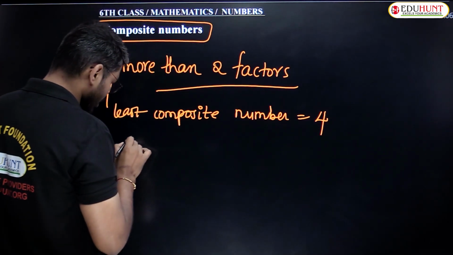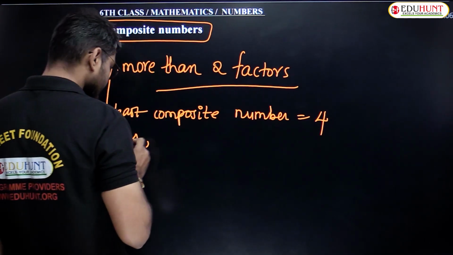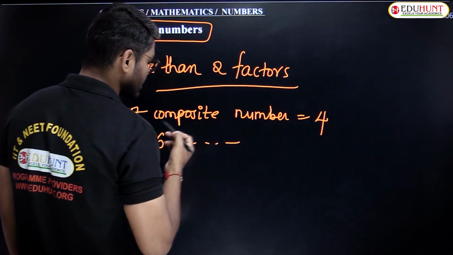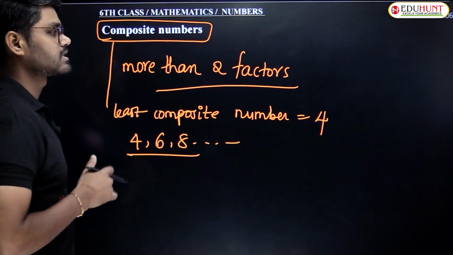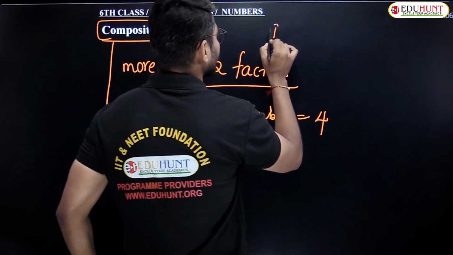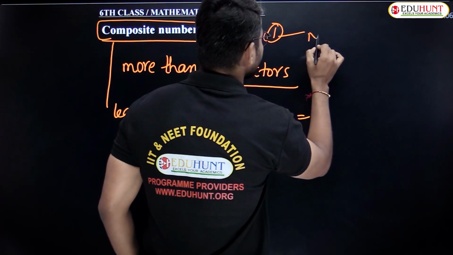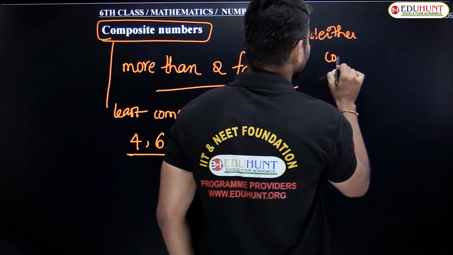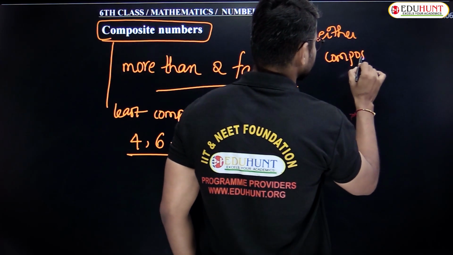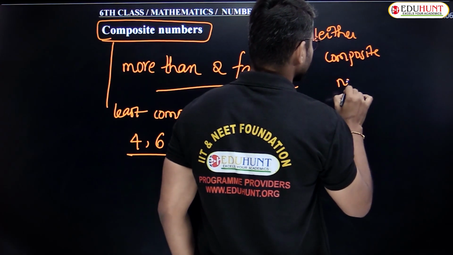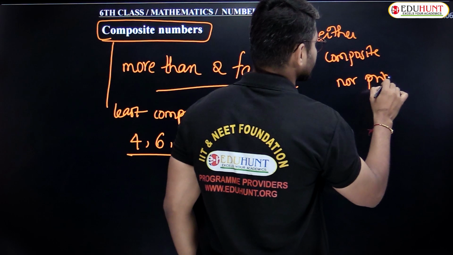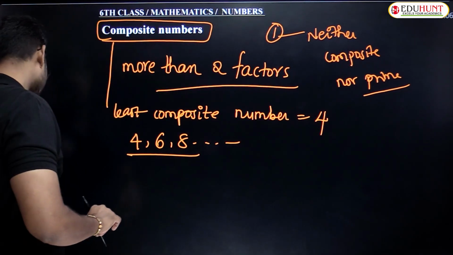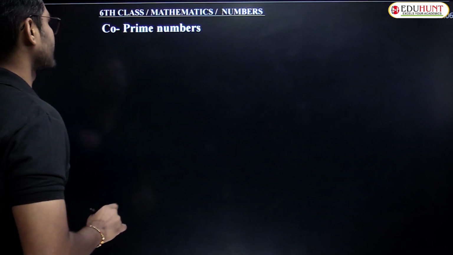Let us take a few composite numbers: 4, 6, 8 and so on. All these are composite numbers. As we already discussed, 1 is neither composite nor prime. Very important.